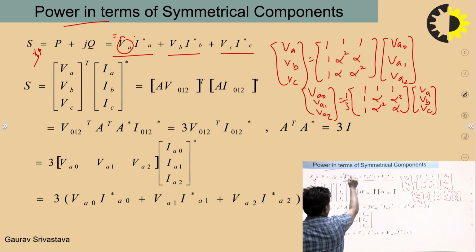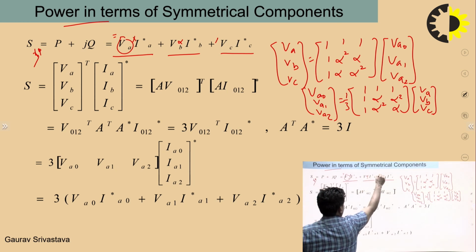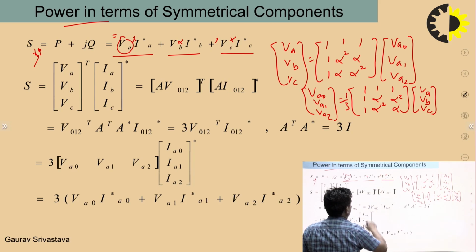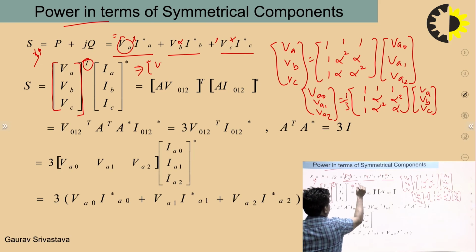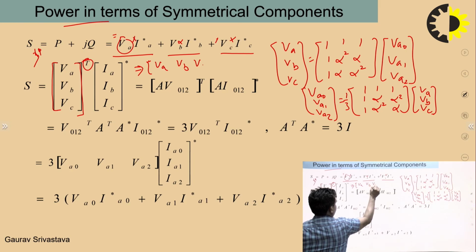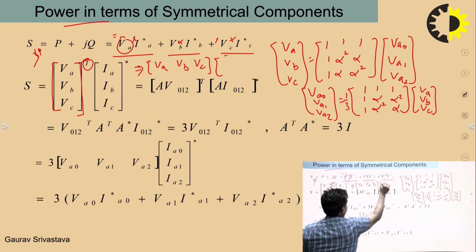When we use this equation, we can write it as VA, VB, VC multiplied terms, and we can bifurcate it in terms of the transpose of VA, VB, VC, and from the symmetrical point of view IA, IB, IC conjugate. So the equation becomes VA, VB, VC in matrix form, and then IA, IB, IC.